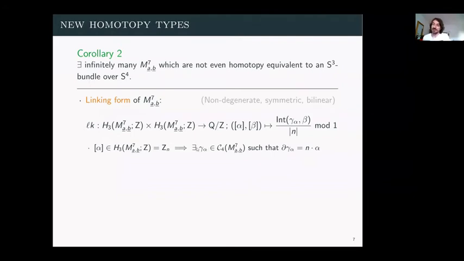So this thing in degree 4 then pairs up with something in degree 3. Remember, we're in dimension 7. So we have an oriented intersection of these things. So intuitively, maybe it's best to think about alpha and beta as corresponding to 3-dimensional submanifolds. Some multiple of, well, n times alpha has to be the boundary of something.